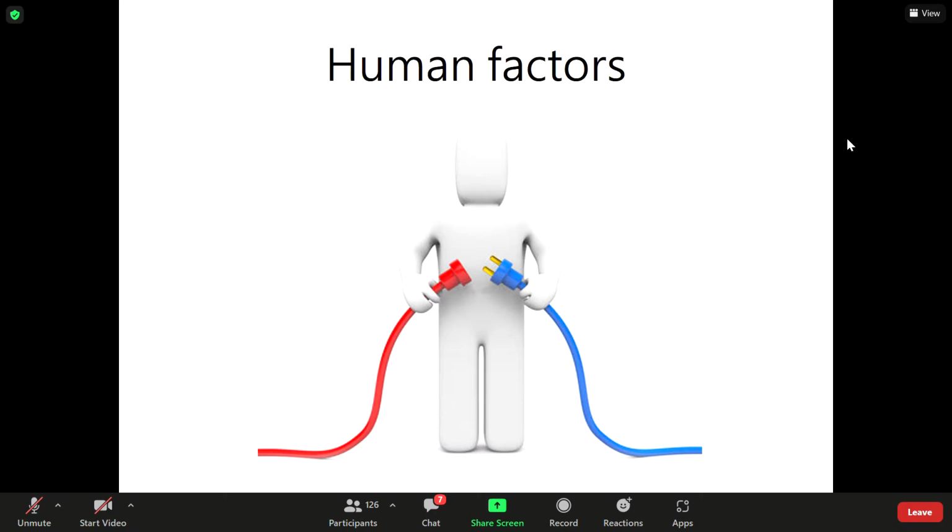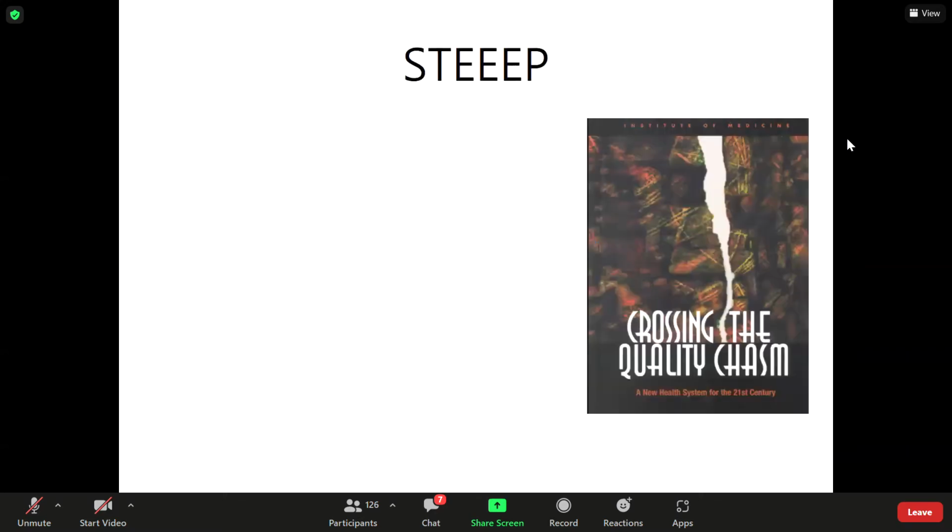They have problems with punctuality. They have problems adhering to policies and procedures. They commit lots of acts of commission or omission in medical practice, which consequently impacts patient safety in the end.